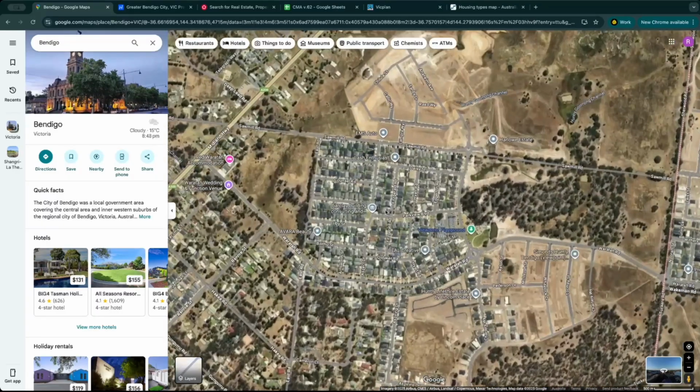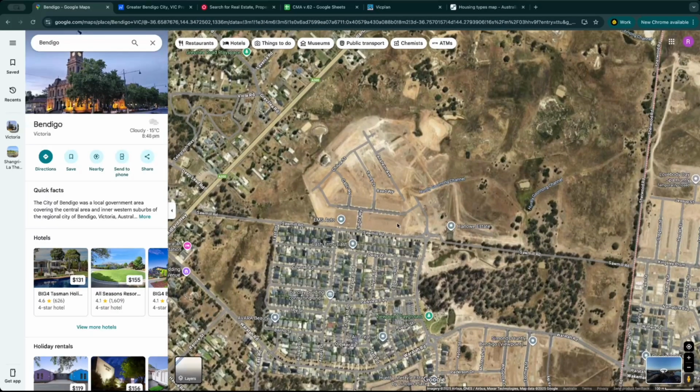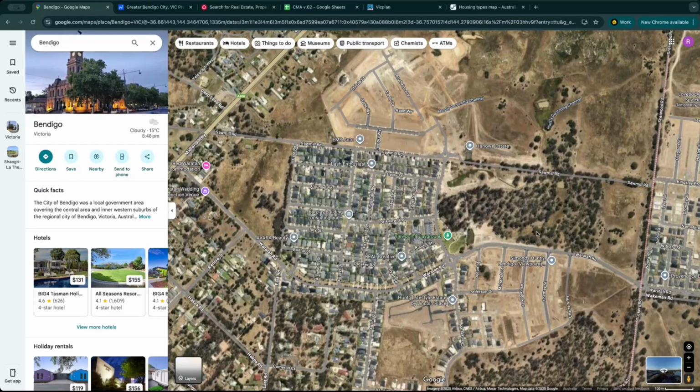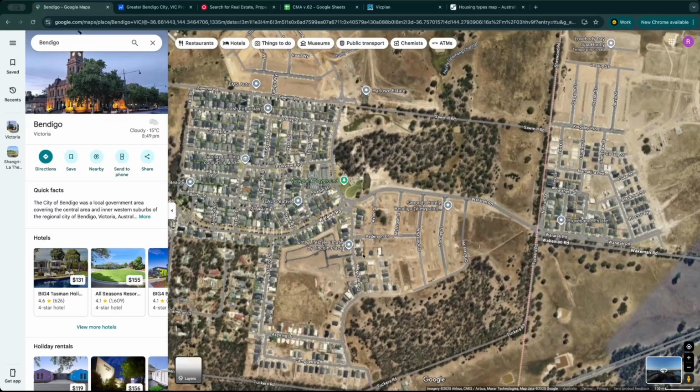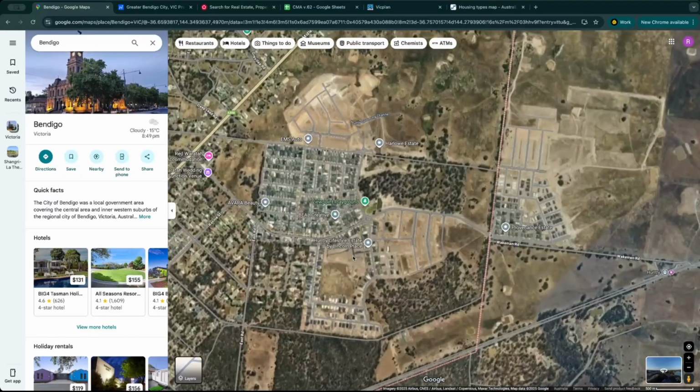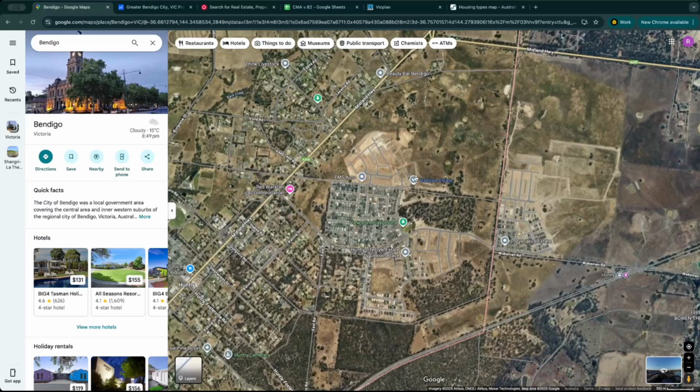If you've got hundreds of properties, like if you look at this land size, this empty land size over here, you've literally got hundreds of properties that are about to be built, if not undergoing construction currently, which is going to put a lot of extra supply into this particular region.